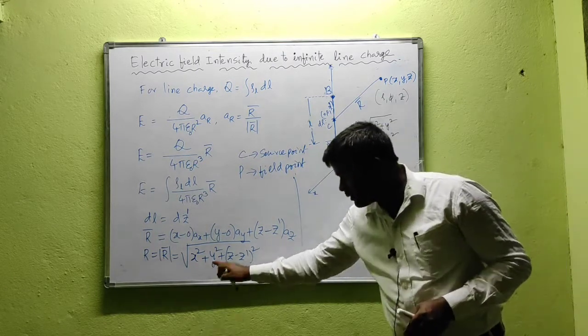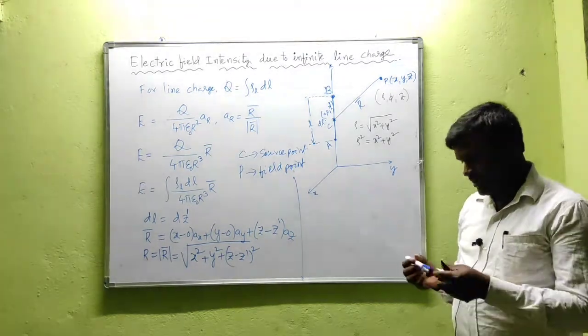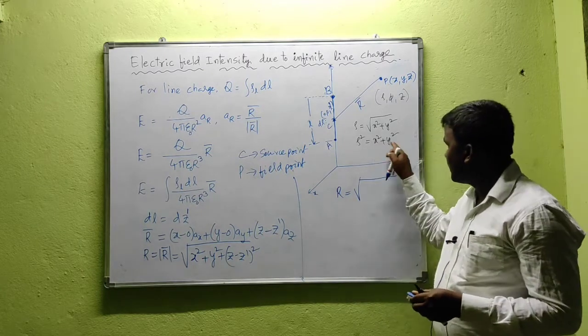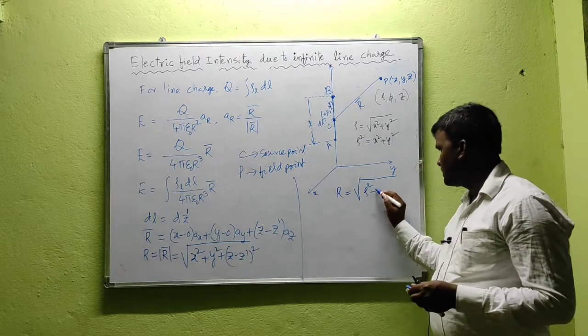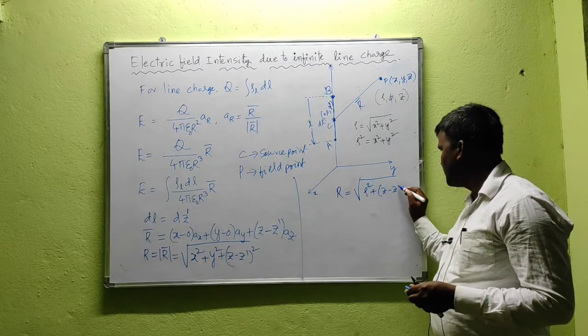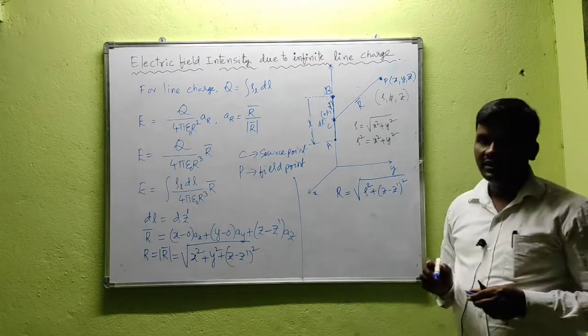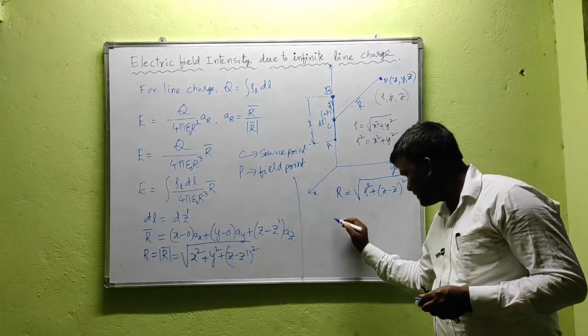Here we have x square plus y square, so r can be written as the square root of rho square plus z minus z dash whole square. Now this r is written in terms of rho and z. There is no phi component.